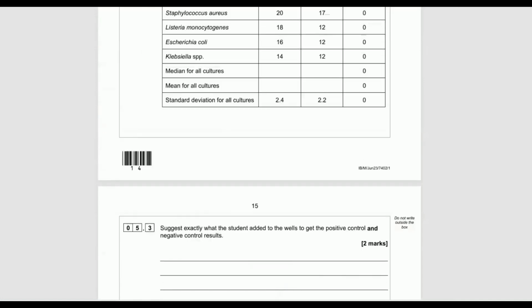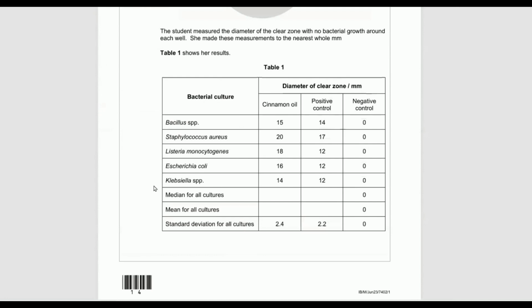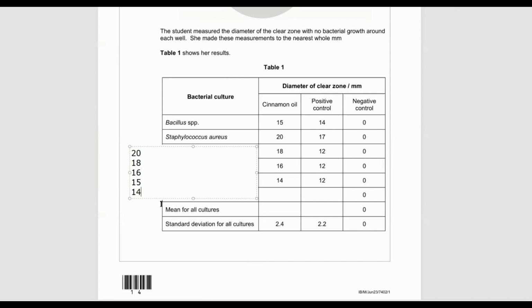Now, 5.4 says complete table 1. So what we need to do is come down here and work out the median for all cultures. We've got to do the median for the cinnamon oil and the median for the positive control as well. So what we need to do is put the results in a list order of largest to smallest.